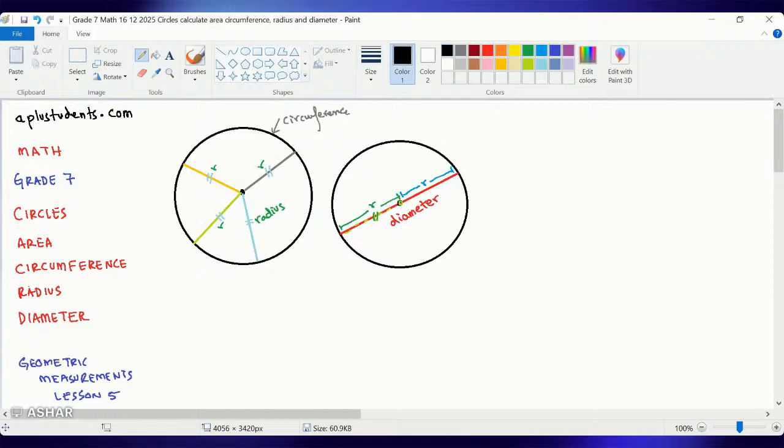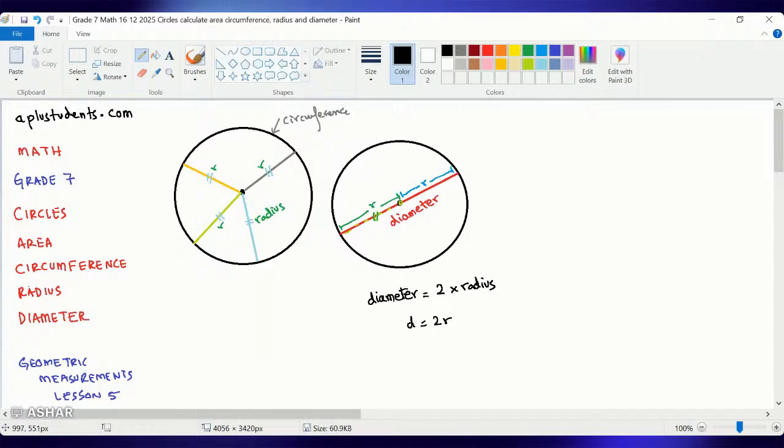So through this, we can say that a diameter is twice the radius, 2 multiplied by the radius. If diameter is given, we can find the radius. If the radius is given, we can find the diameter.